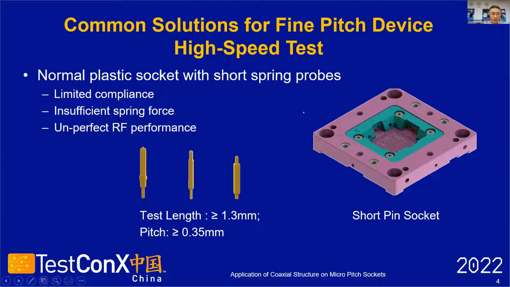As you may notice, the pin working length reduced from about 6 millimeters to about 1 millimeter over the last 15 years. But due to manufacturing capability and application reasons, there is a constraint for short spring probe length.